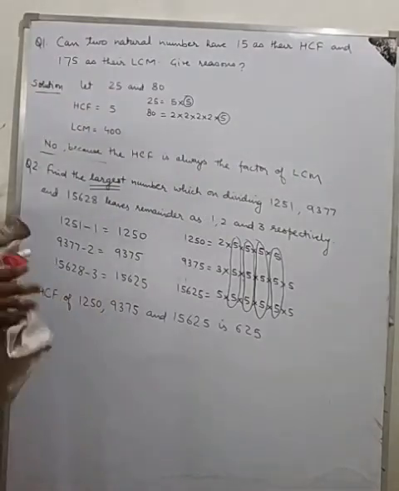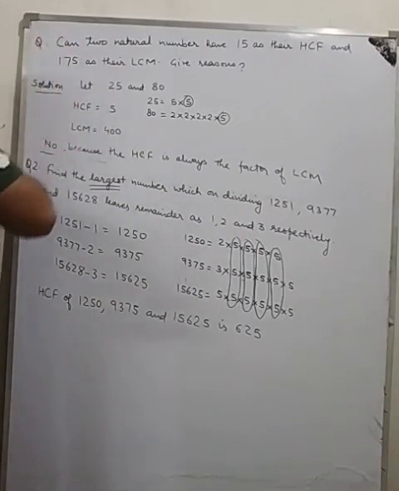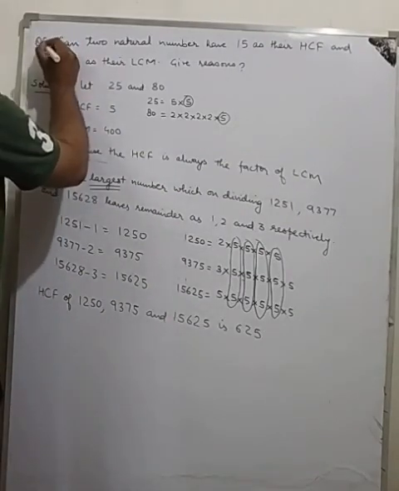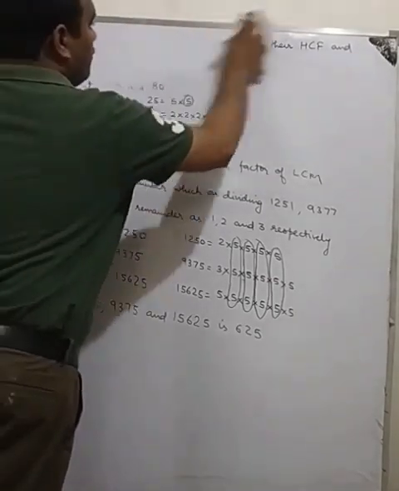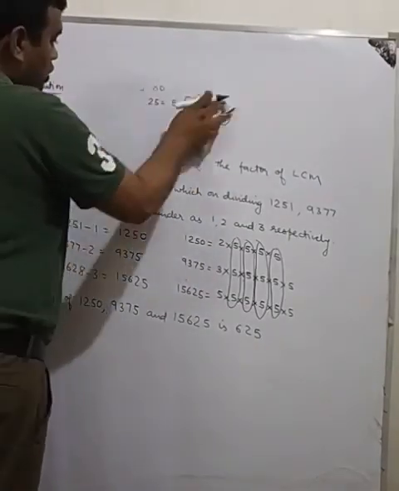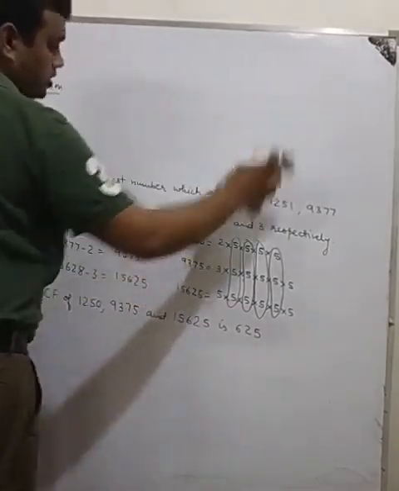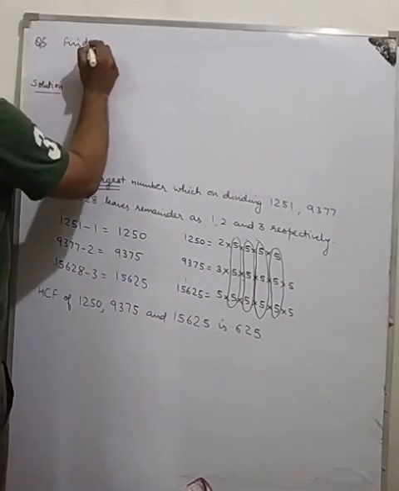Now the next question which we are going to solve for today is, find a rational number between root 2 and root 7.